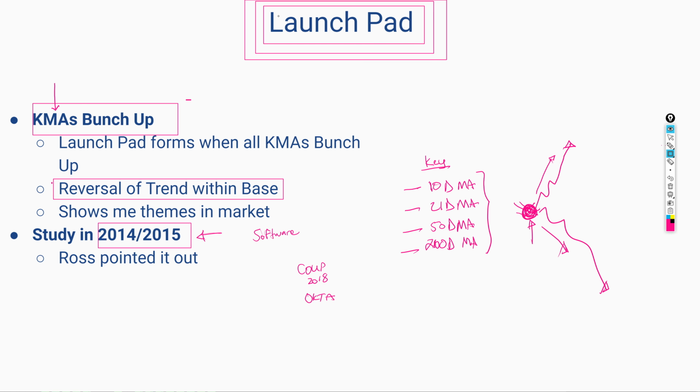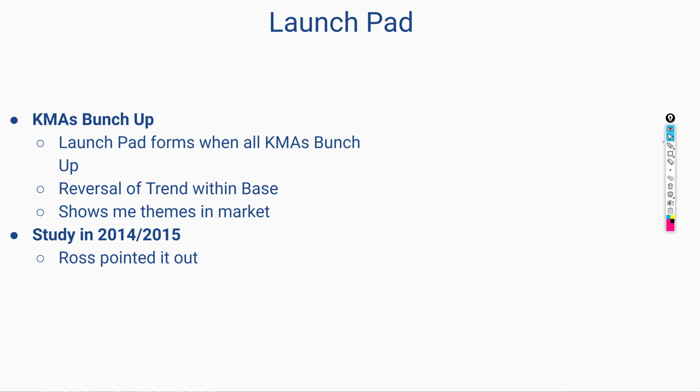When we see a launchpad, we're expecting sharp directional movement out of that and the stock to pick a direction, either up or down. And especially when the market's coming out of corrections, this sort of characteristic and edge will show you the themes that are going to be trending for the next uptrend in the markets. So let's see a few examples of this.